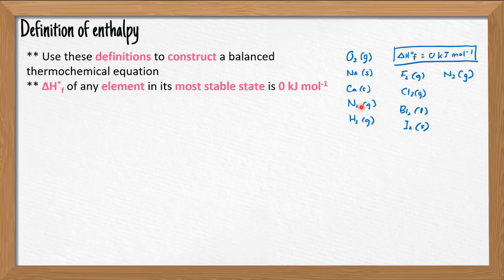Nitrogen gas, hydrogen gas appear as N2, H2, F2, Cl2, they are all gas phase. Bromine, most stable state is liquid. Iodine, solid. So for all of these elements, the enthalpy of formation is 0 kilojoule per mole because this is how you find them. So you don't need to form them.